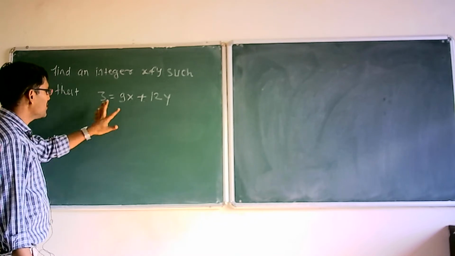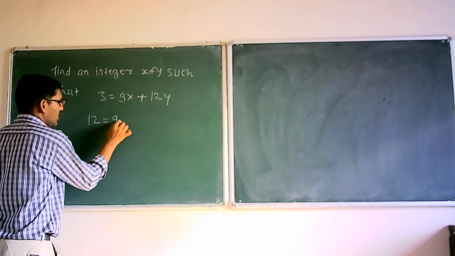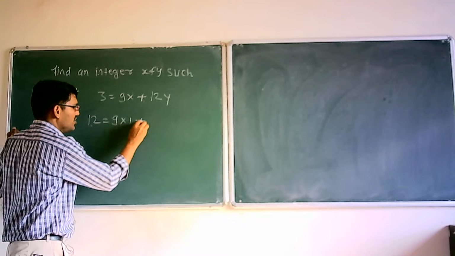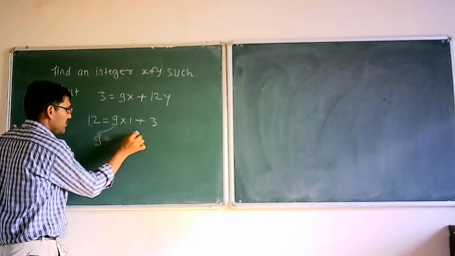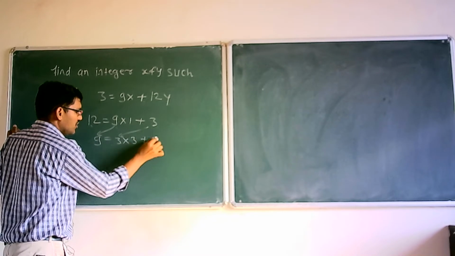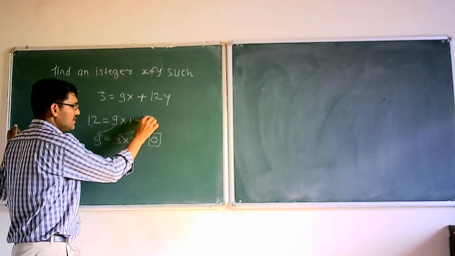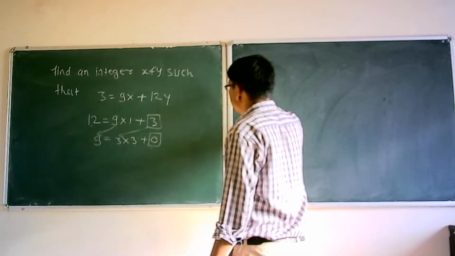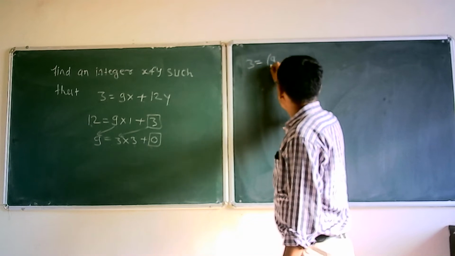All of you know that the GCD of 9 and 12 is 3. If you apply the division algorithm and divide 12 by 9, the remainder is 3. Then take 9 and divide by 3. The quotient is 3 and the remainder is 0. So we obtain 0 at this place, which means 3 is the GCD of 9 and 12.